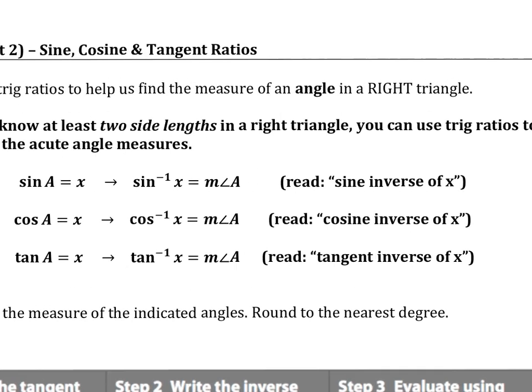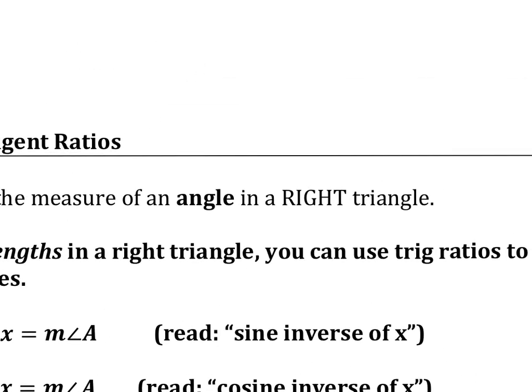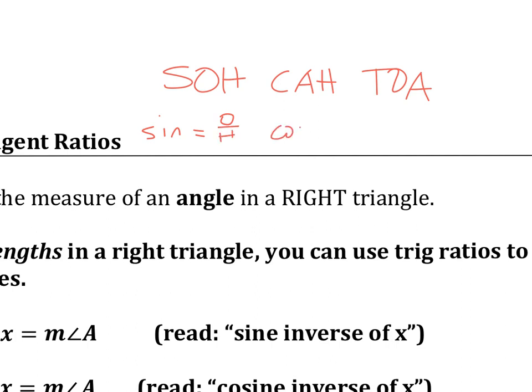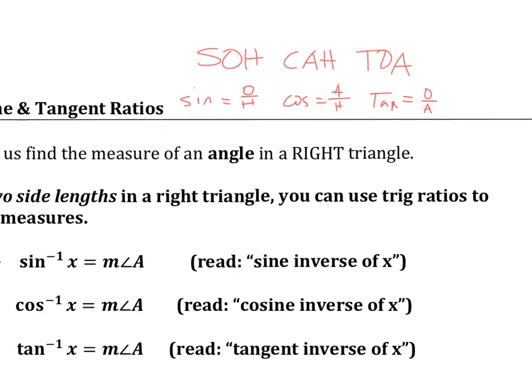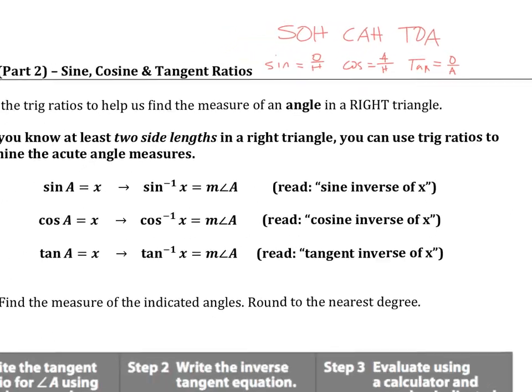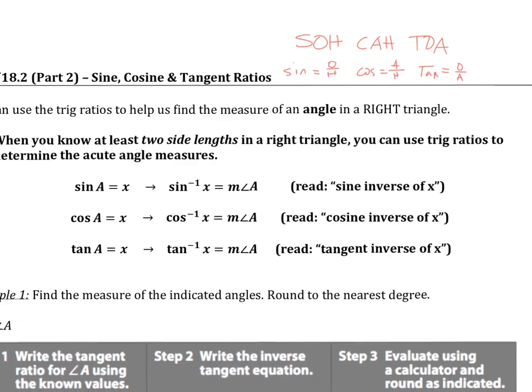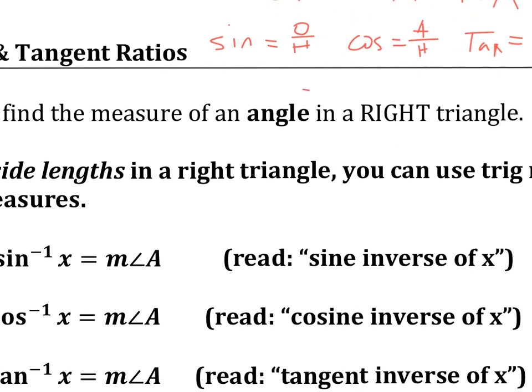If you recall, you need to remember your acronym, SOH CAH TOA, where sine is opposite over hypotenuse, cosine is adjacent over hypotenuse, and tangent is opposite over adjacent. In part 2, in the second half of these sections, we're going to use them now to find a missing angle.